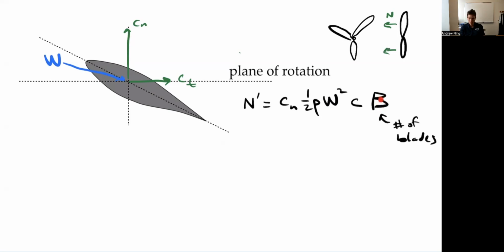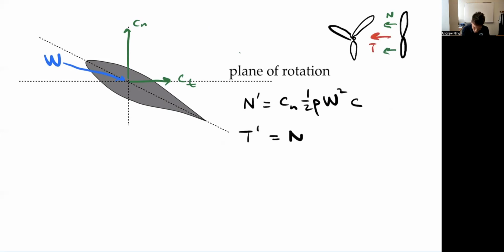Then I just need to multiply by the number of blades. Okay, so that gives me the normal force per unit length for one blade. Let me write it this way: the total thrust, here's thrust in this direction, that my propeller experienced is that normal force times the number of blades. Okay, so that's maybe a little cleaner way to write it.